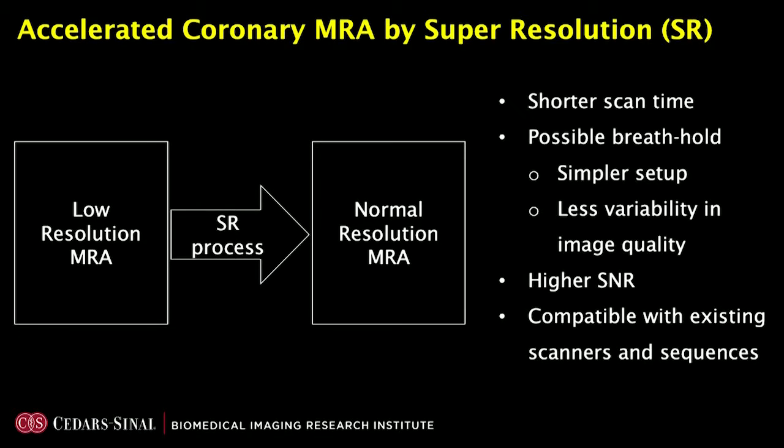That will bring us multiple benefits, including a shorter scan time, and also the possibility of even fitting into a breath hold, which will make the setup very simple and less variable. The larger voxels can also bring much higher SNR, and most importantly, this approach will be primarily a post-processing method, so it can be compatible with existing scanners and sequences.